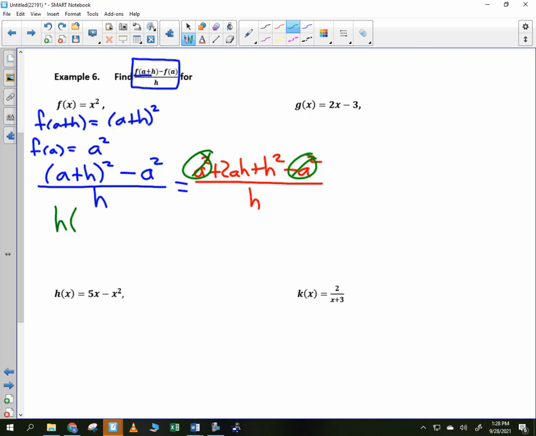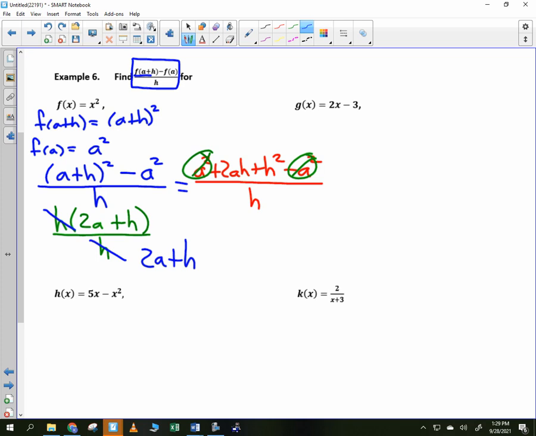So h times 2a plus h divided by h. So it simplifies to 2a plus h. So you know you're done when, first of all, everything that doesn't have an h cancels, and also when the h in the denominator divides off. That's when you know you're done.